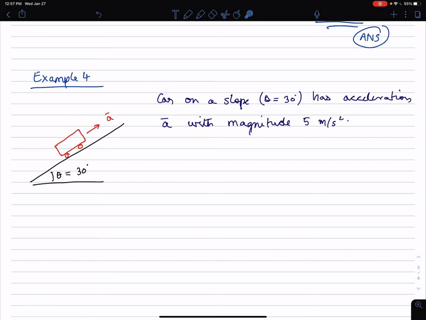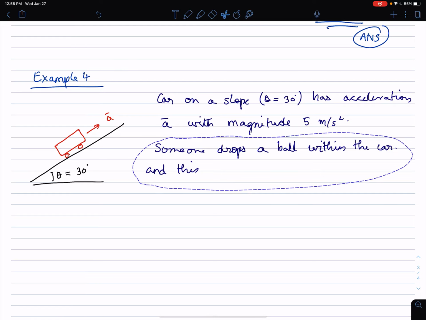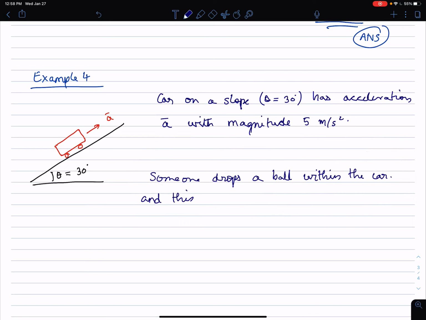And then we say someone drops a ball within the car, and this ball, okay, let me actually back up a little bit and say the car has acceleration a with magnitude 5 meters per second square with respect to the earth, right? So when we don't say with respect to the earth, that's what we mean.